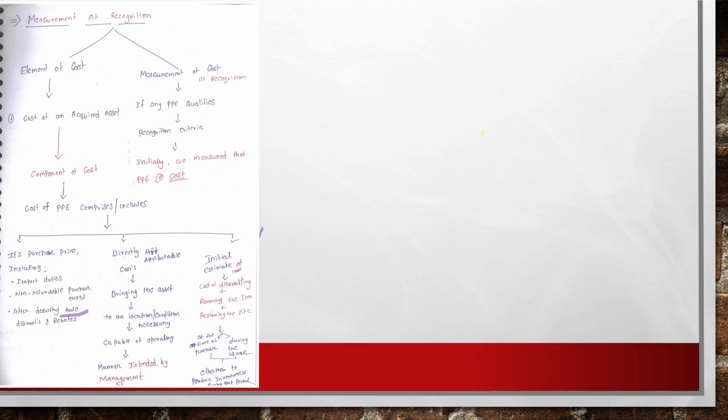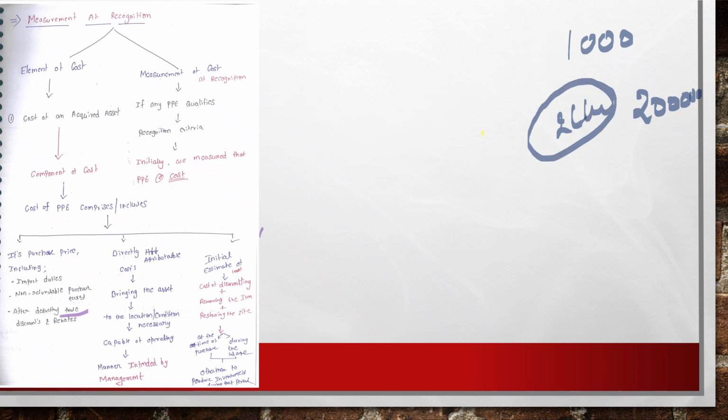Rebate means, say suppose if you sell 1,000 goods, they will get 2 lakhs rebate. This 2 lakhs rebate is another income to you. You should not deduct these 2 lakhs from this. This is the sales rebate.